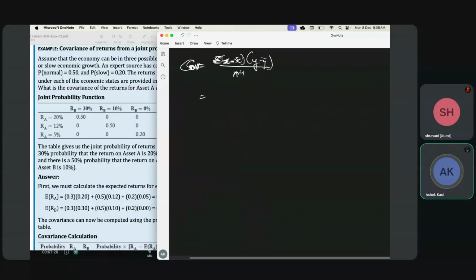But when probability is given, n will go away and the probability will come in the numerator.